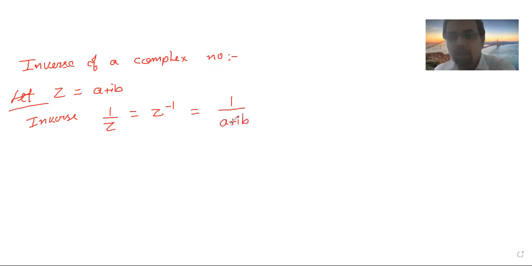Now we will use the process of rationalization here. Rationalizing a plus ib, we multiply by a minus ib over a minus ib. The process of rationalization says to change the sign between the terms and then multiply in numerator and denominator.